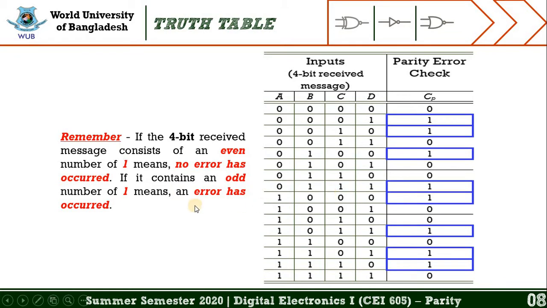Now, we may learn from this slide the truth table of the even parity checker, and we already know this checker has 4-bit inputs.